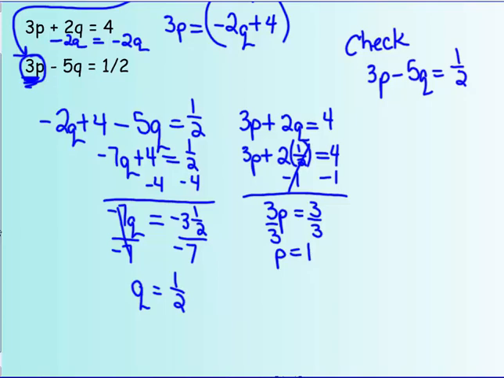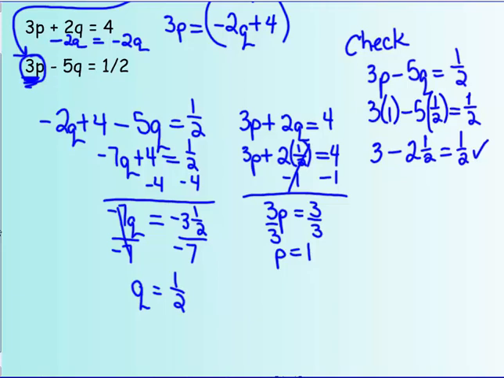I believe p is 1, so 3 times 1 minus 5, and q is 1/2, equals 1/2. Well, 3 times 1 is 3. Negative 5 times 1/2 is negative 2.5. 3 minus 2.5 is 1/2. Okay, so it works in that equation.